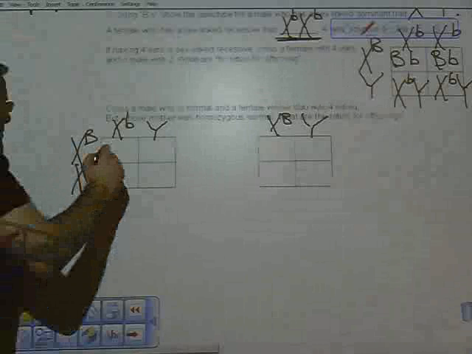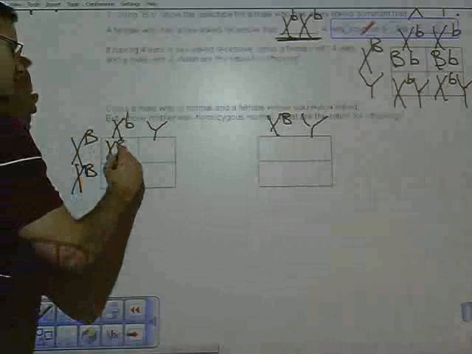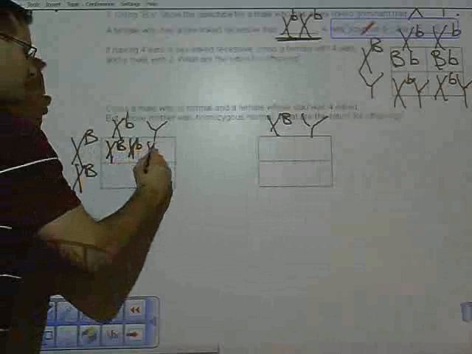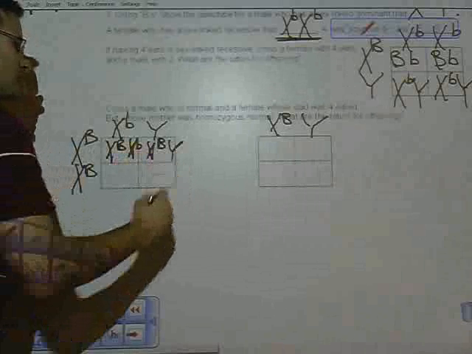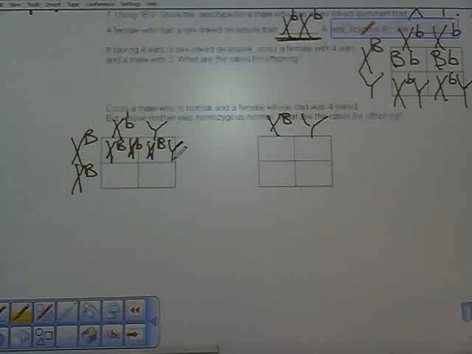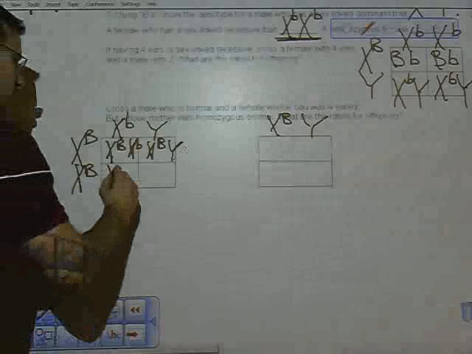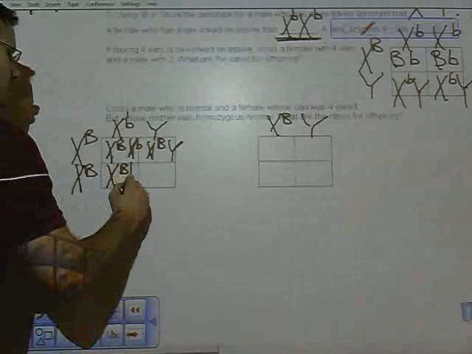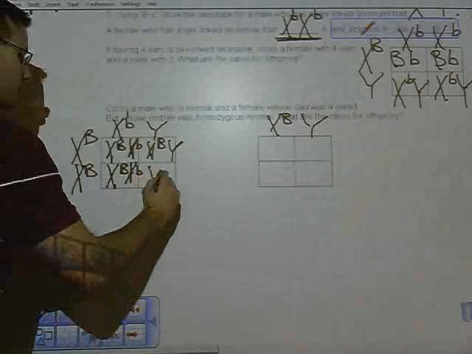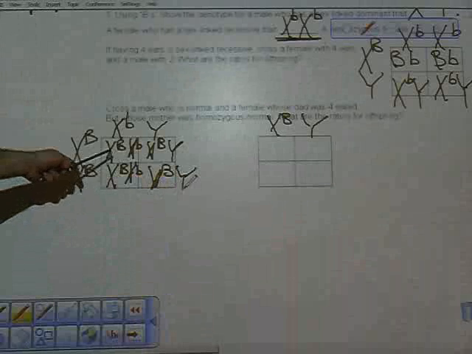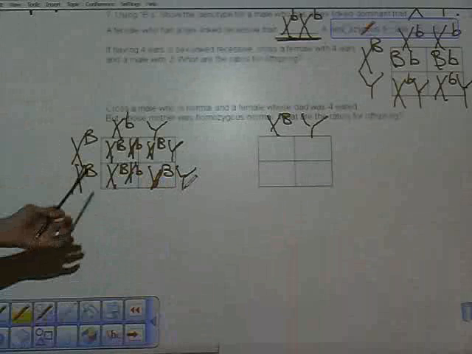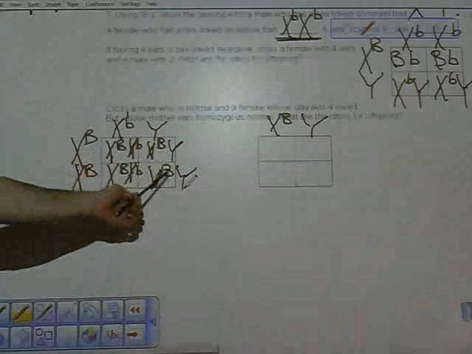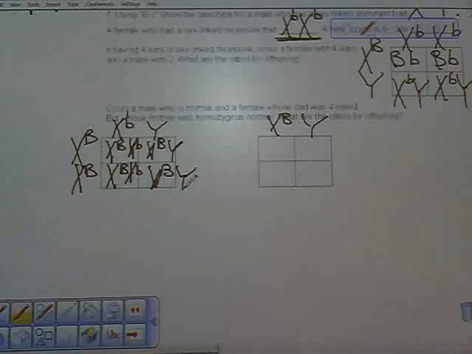What are the ratios for the offspring? Well, first we have to figure out this first Punnett square. Both of the females in this case will be X big B, X little b, or all the females I should say, and all of the males in this family will be X big B, Y.